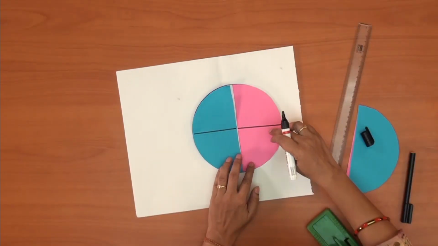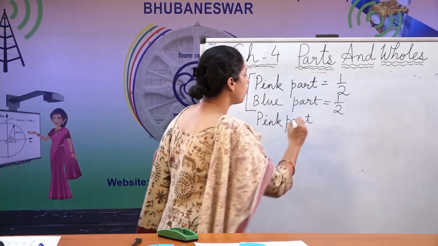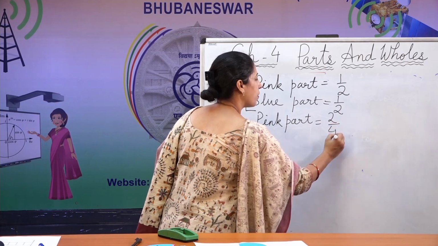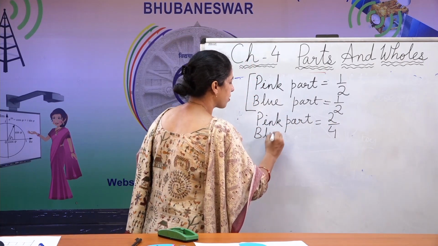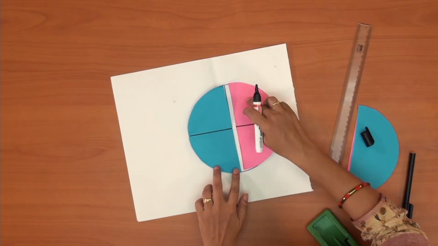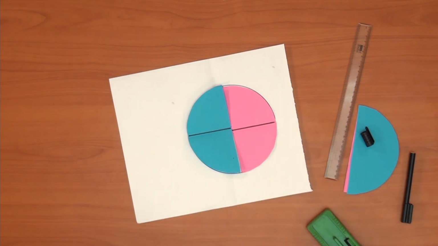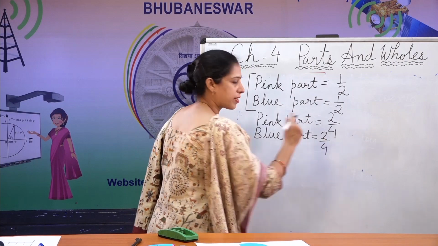Out of how many total parts? 1, 2, 3, 4. So 2 out of 4. 2 parts out of 4 parts. Similarly, blue part is also 1, 2 out of how many parts? 1, 2, 3, 4. So again blue part is equal to 2 by 4 parts.